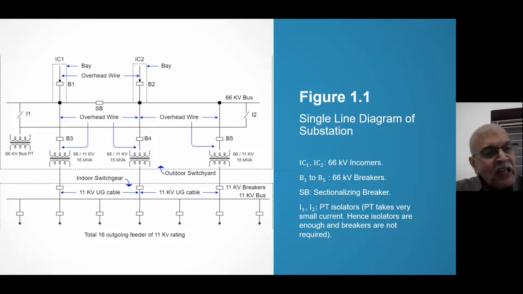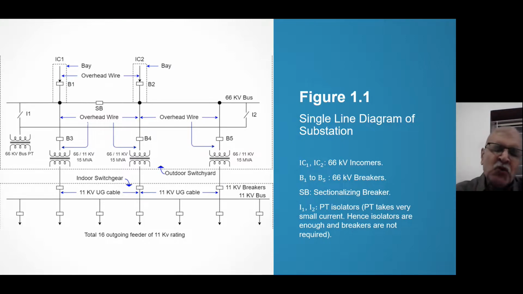Between the 66 and 11 kV substation, there will be transformers. Incomers and outgoing lines are outside. The 66 kV bus is also outside, right? The 3 transformers are also in the outdoor area.